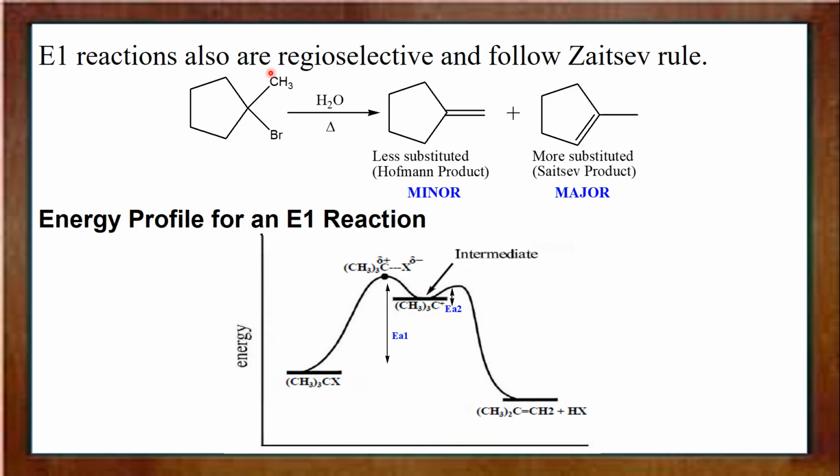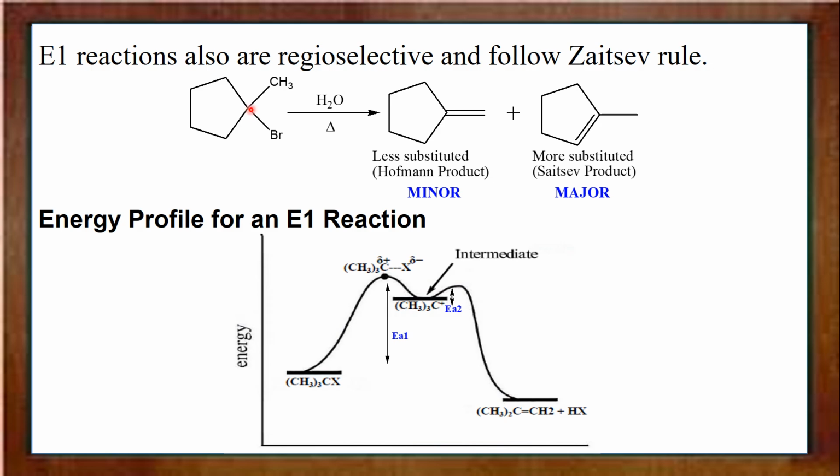Here I have given an alkyl halide. It is treated with water. It is heated with water. In the first step, the bromine is removed as bromide. The carbon to which bromine is connected is alpha carbon.